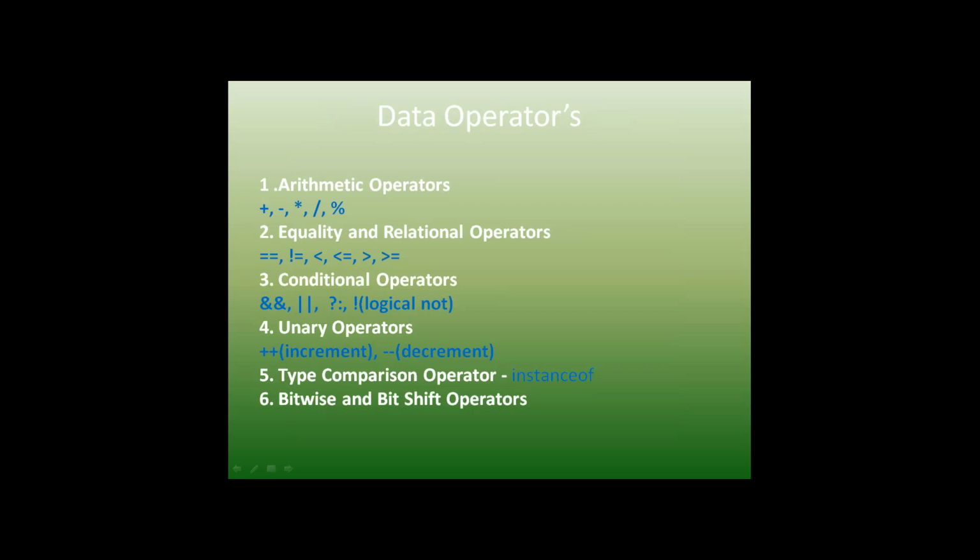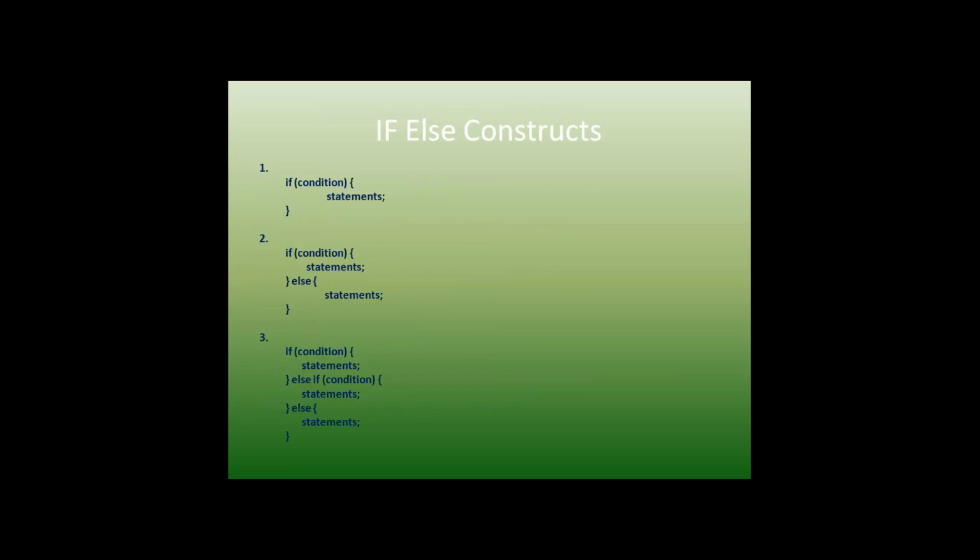And then we have covered the arithmetic operators, equality and relational operators, conditional operators. Unary and type comparison I'm going to discuss later when we talk about the class and all. Bitwise you don't have to go into now. I don't think you need to use that. If you really want to, maybe you can have a session for that.